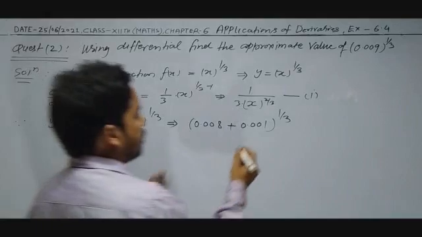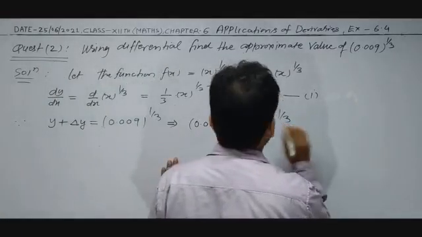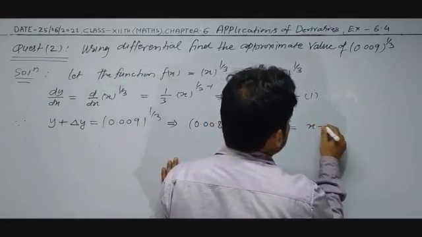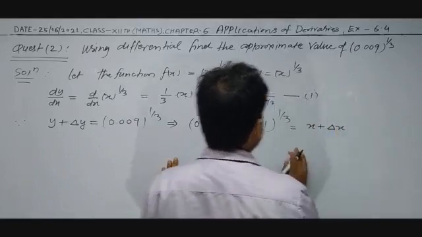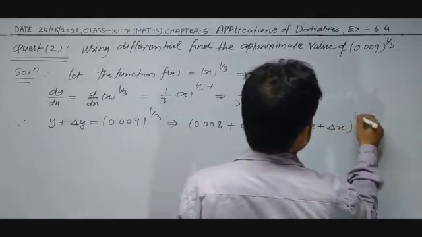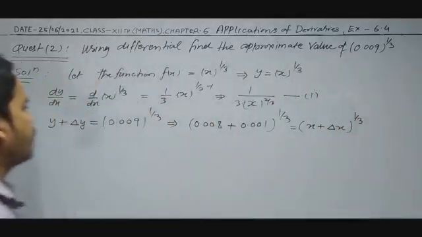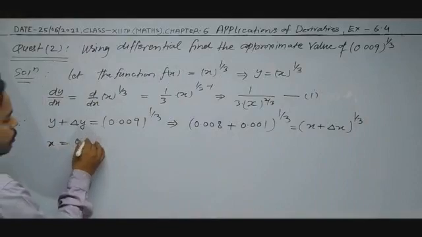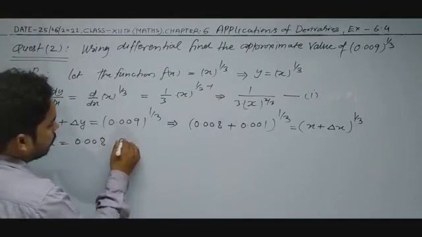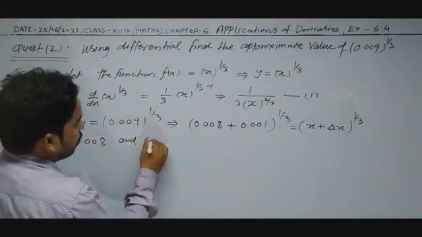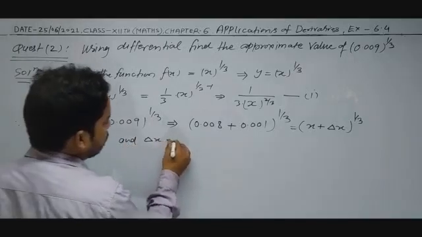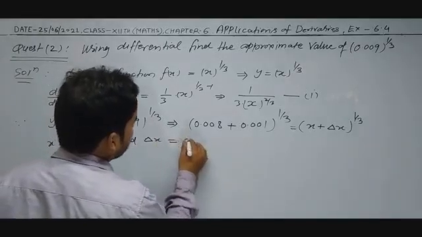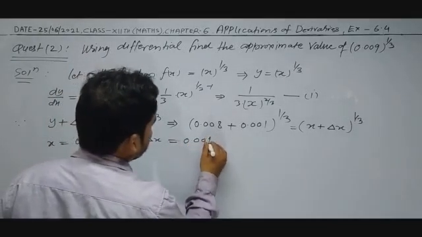So the format is x plus del x to the power 1/3. So x value is 0.008 and del x value is 0.001.